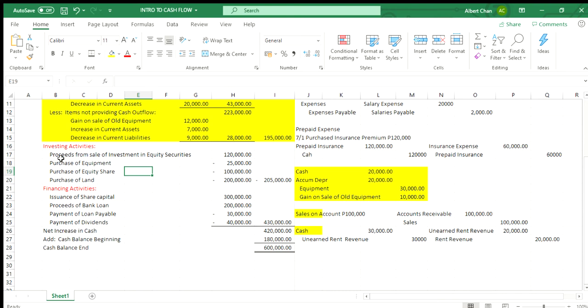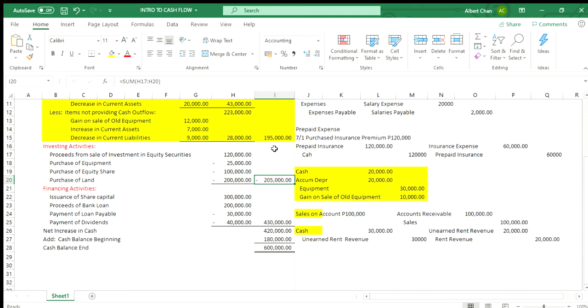If you sold the investment, that is cash inflow. In this case, your cash provided by investing activity is negative 205.